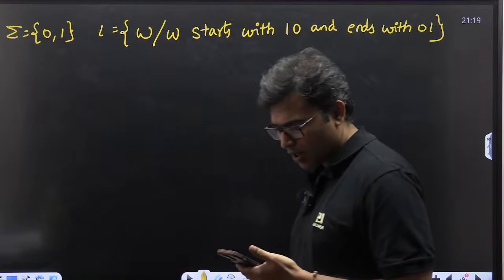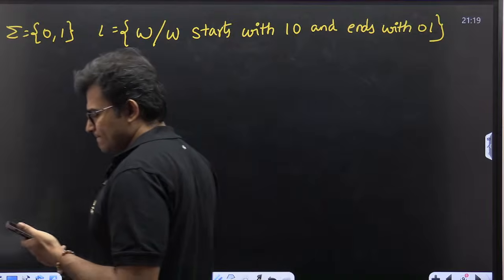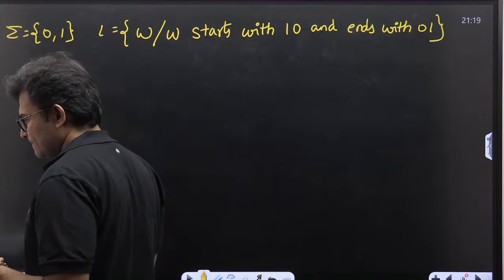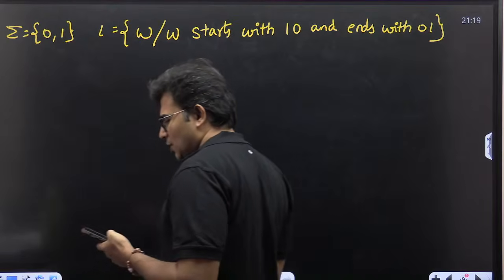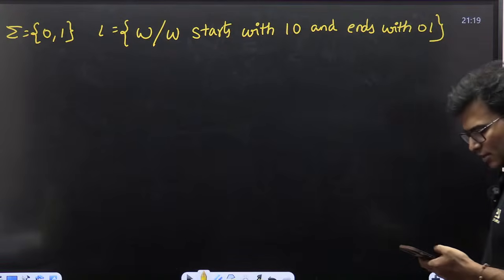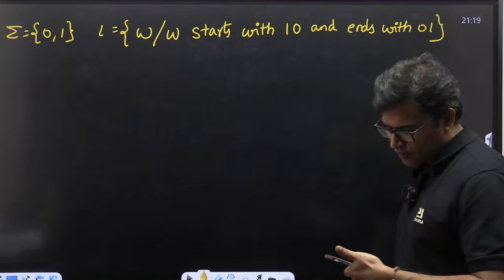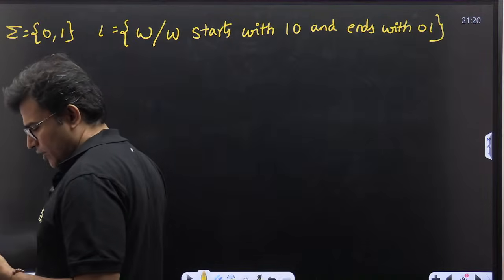Okay, Kushal. Kushal, you are right. There is a small mistake, Kushal. You are not accepting 101, right? Yeah. So if I explain now, wow, this guy is good. Swati, very good.